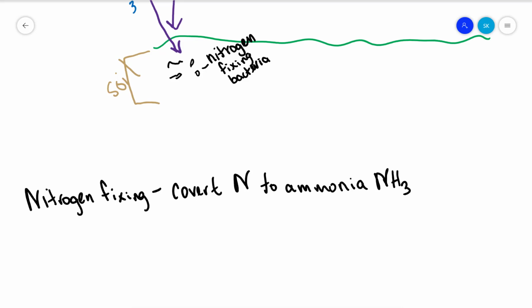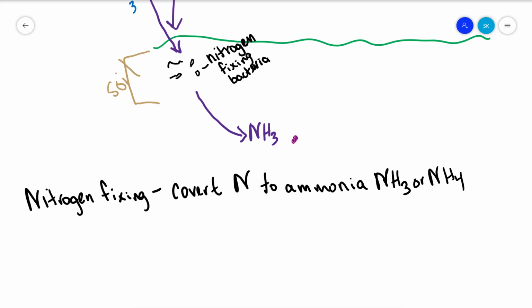Or we can also convert it to ammonium, not to be too confusing, or NH4, which is ammonium, but I don't care that you know the difference. All right, so these nitrogen fixing bacteria are going to convert the nitrogen to NH3, which we just learned is ammonia. Then we have another type of bacteria.